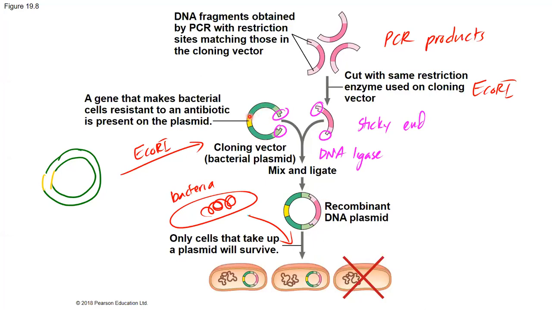Now notice on this figure, the plasmids we use for cloning have genes that make the bacteria resistant to antibiotics. Antibiotics, مضادات حيوية, are chemical substances usually used to kill bacteria.